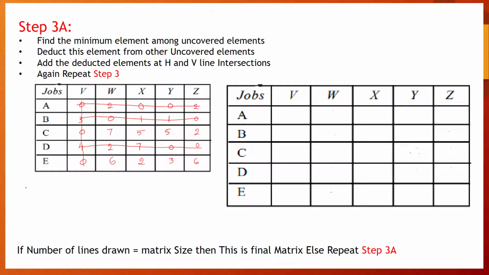Let me write here, smallest element equals 2. Then deduct this element from the other uncovered elements, and then add the deducted element at the horizontal and vertical intersections. So let me deduct this element from the uncovered elements. The uncovered element is in this one, 7.